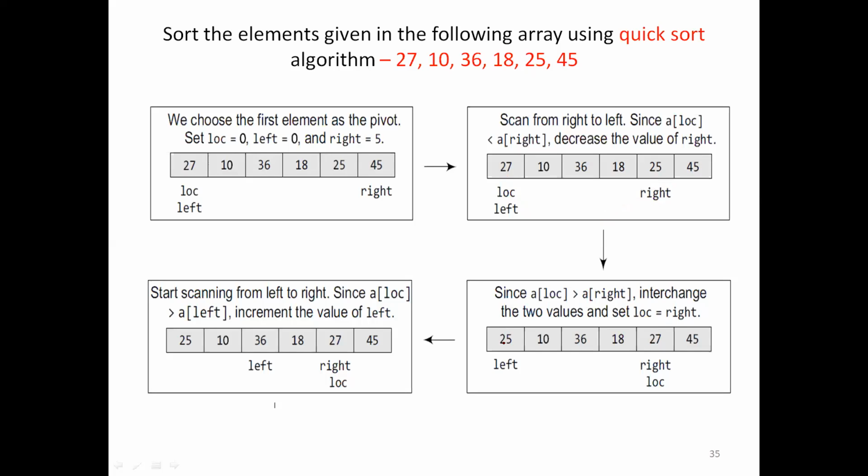Now always keep in mind, the LOC will not change. This pivot value will always point to 27 only. Only the left and right variables will change when the index values change.